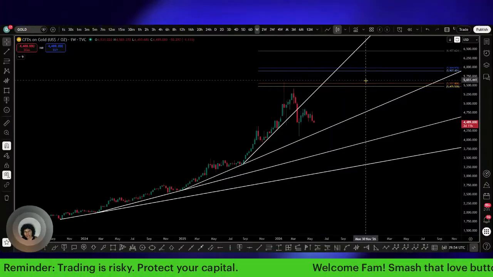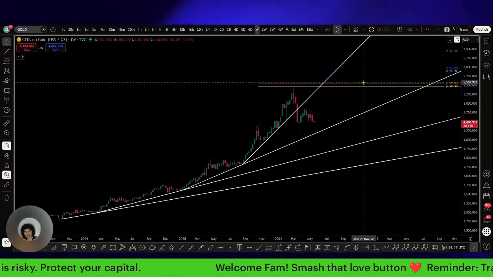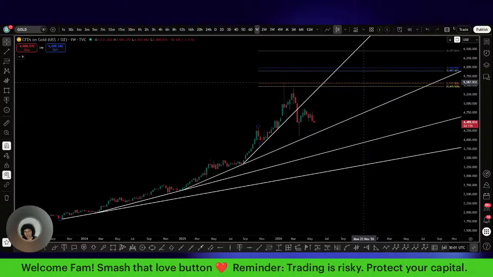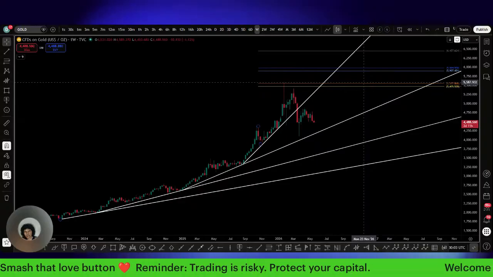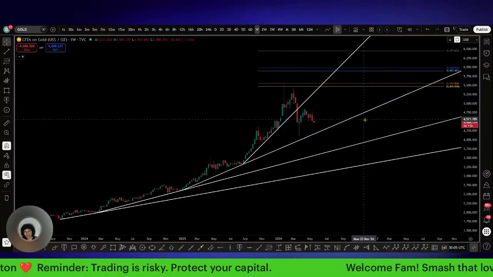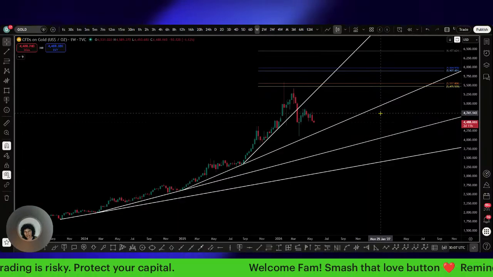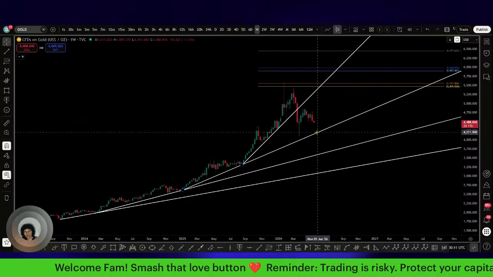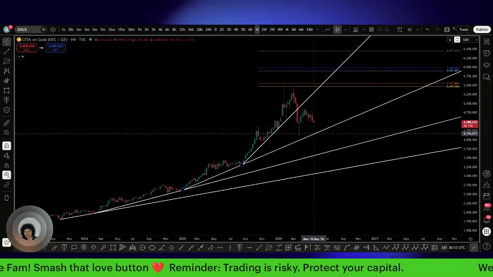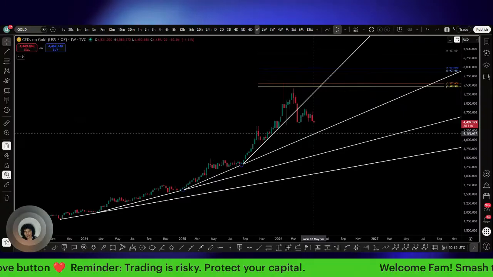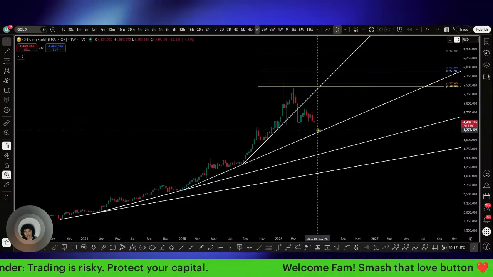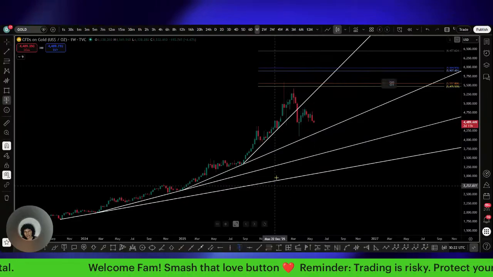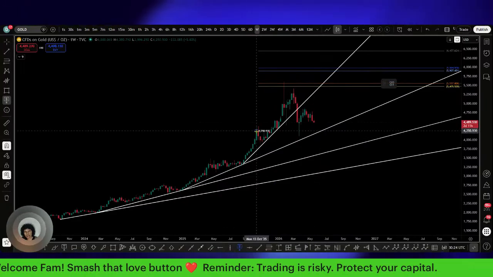Let me see, when I drew this field right here. We'll see. I mean, if it drops into this line right here, something like this, then let's see. Maybe something.